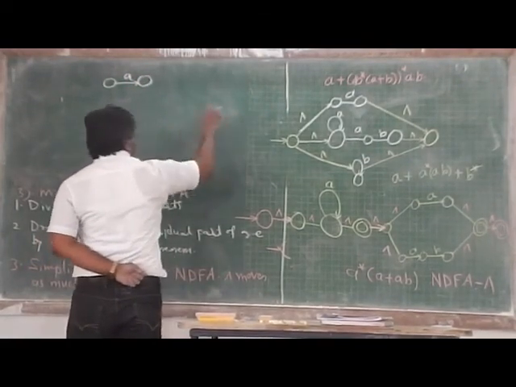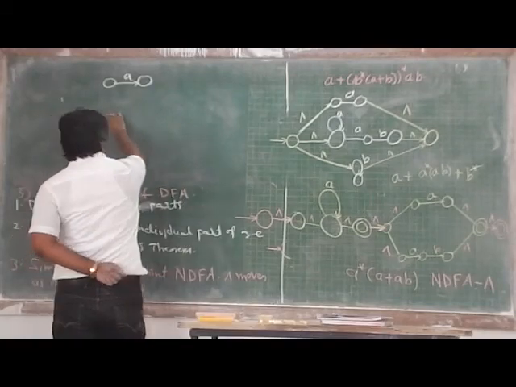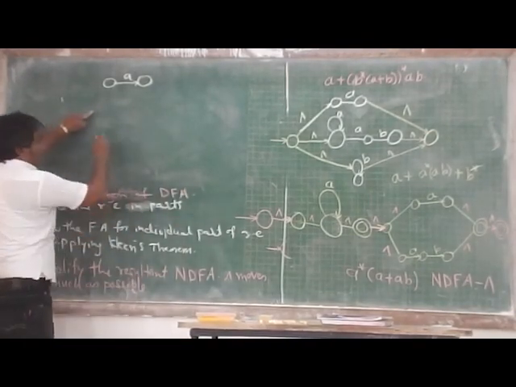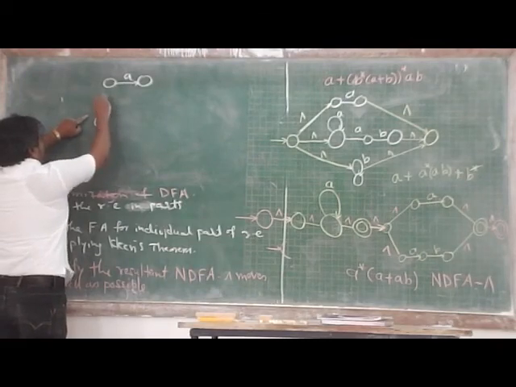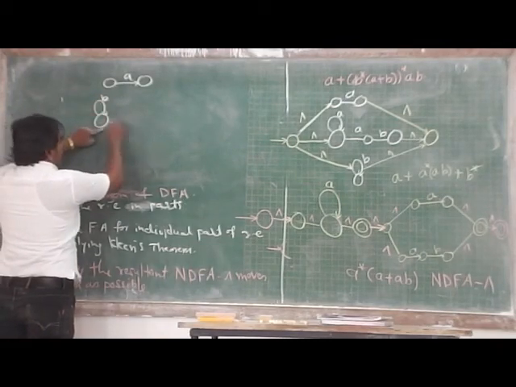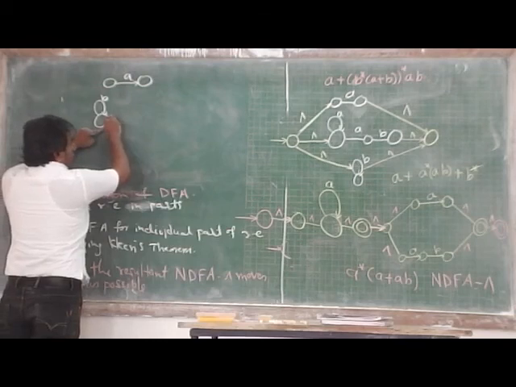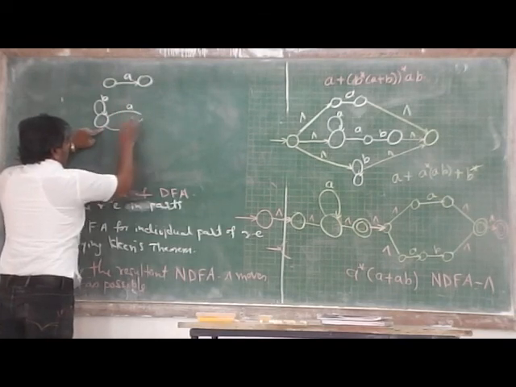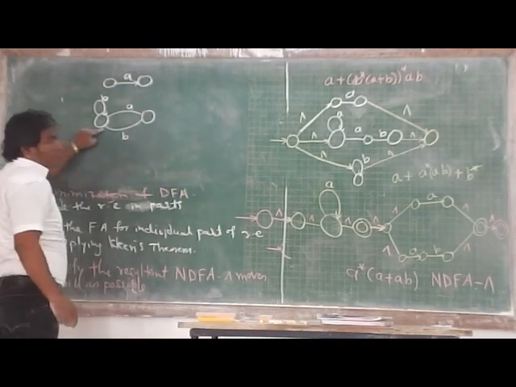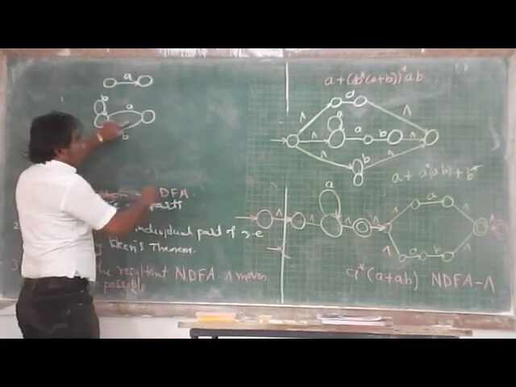Okay. Next is plus means parallel automata you can have. So that is B star, A plus B, that is again or, okay.